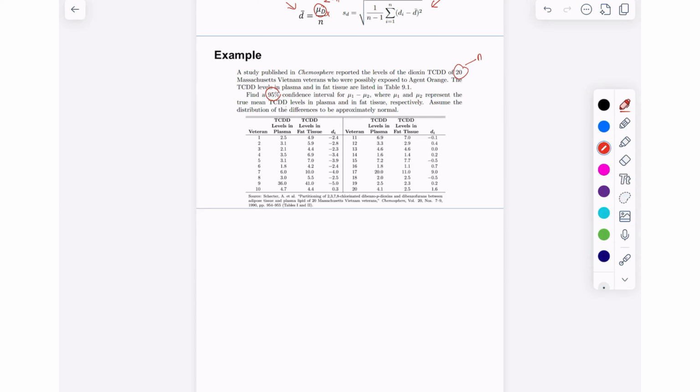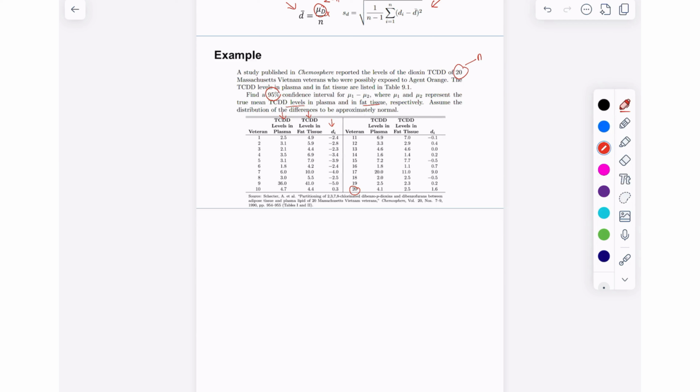Assume the distribution of the difference to be approximately normal. In this table we have the first observation, TCDD levels in plasma, and the second observation, TCDD levels in fat tissues, and di is the difference between these two paired observations. We have 20 observations.